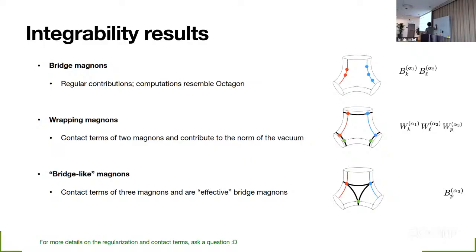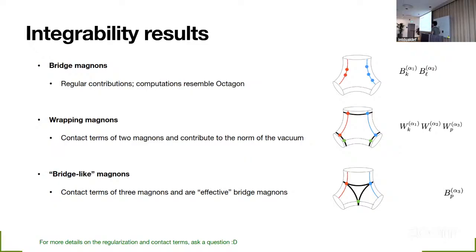You are able to show that the partition function for this orbifold of N equals 4, which is some N equals 2 theory, can be written as a matrix model with some matrices labeled by the number of nodes in the quiver, and you have some action that depends on these matrices.